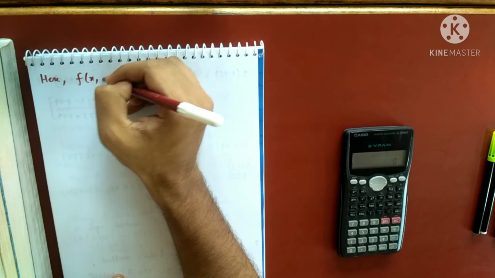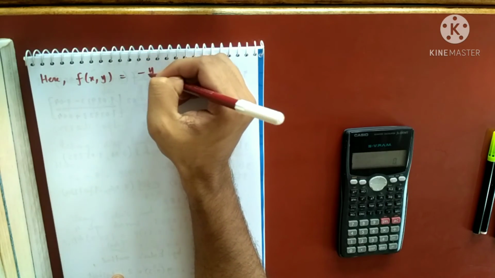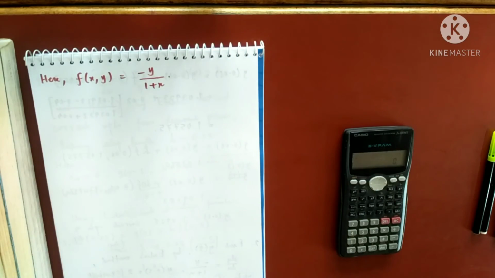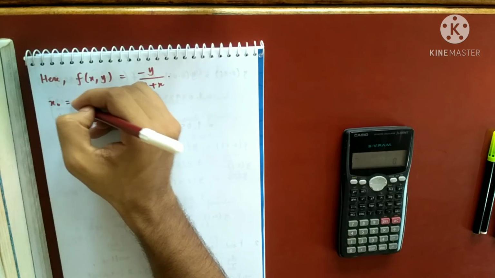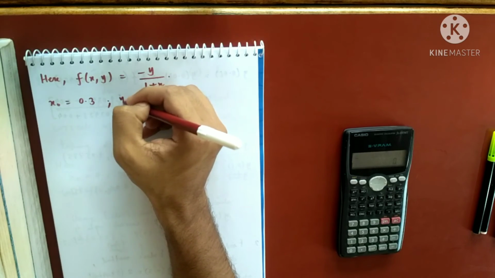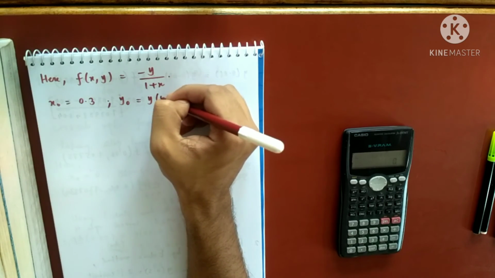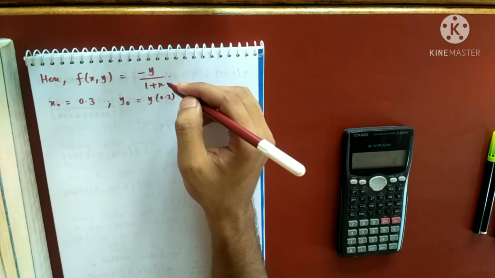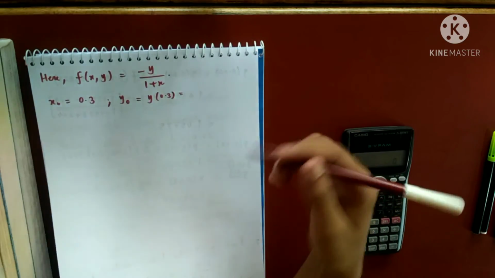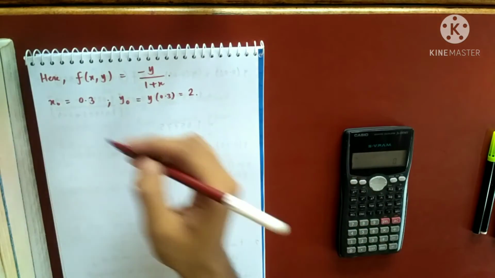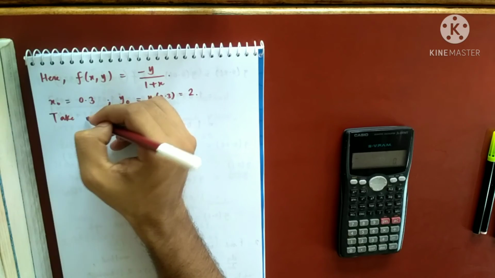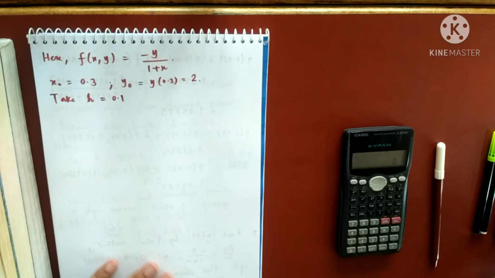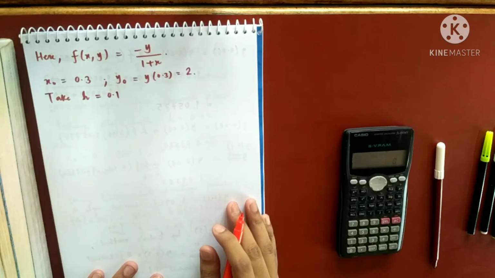The function is minus y by 1 plus x. x0 here is 0.3, y0 which is nothing but y at 0.3 is 2, given in the question. So take h to be 0.1.